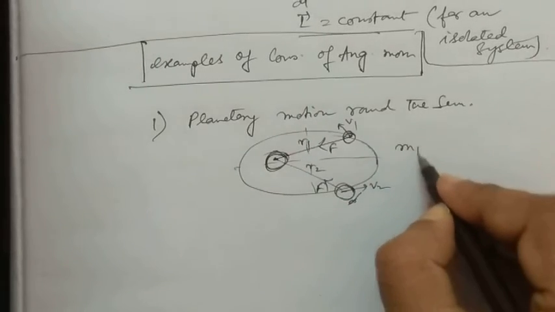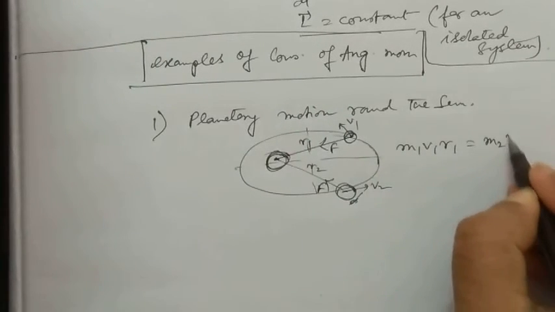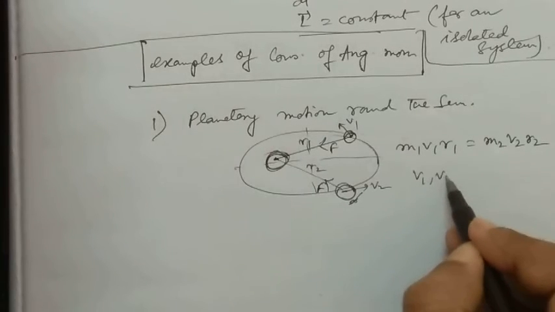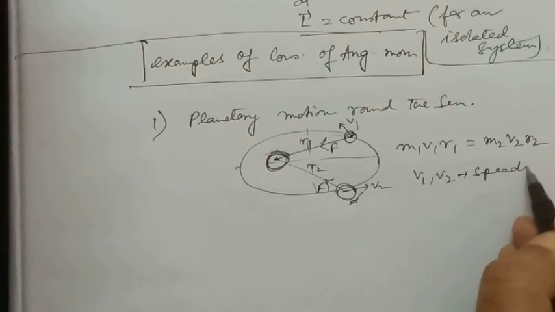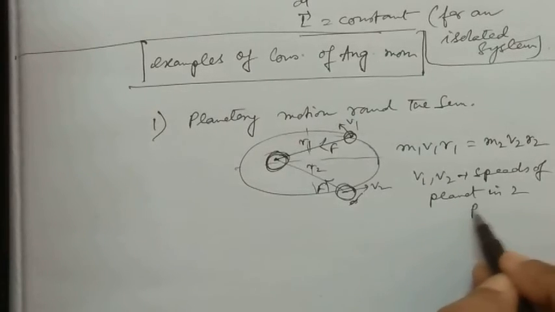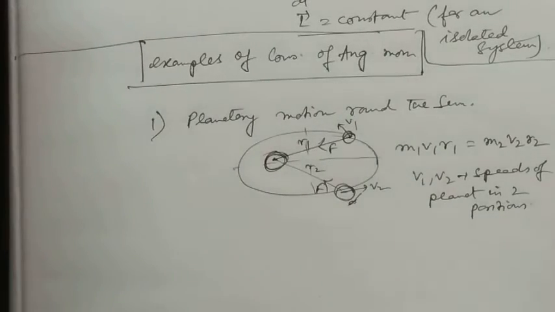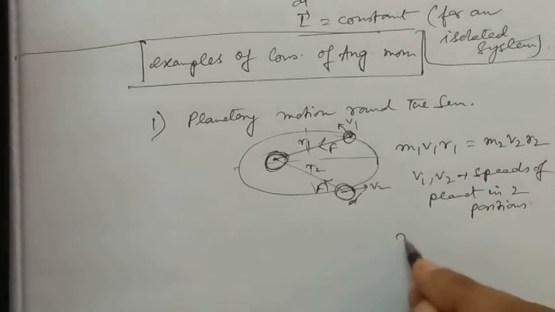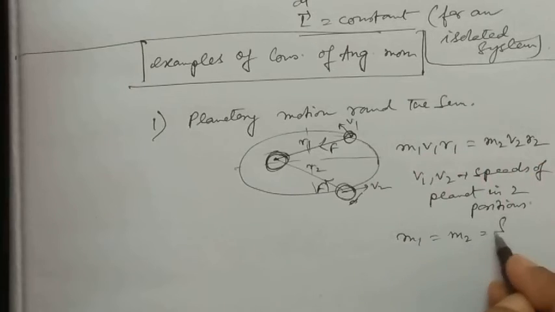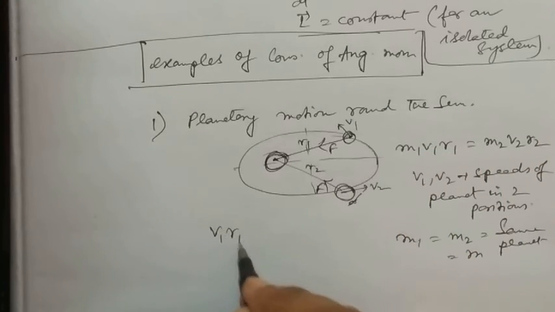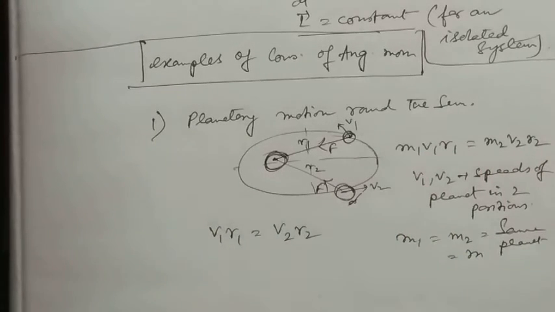In this case m1 v1 r1 must equal m2 v2 r2, where v1 and v2 are the speeds of the planet in two positions. Here m1 equals m2 because it is the same planet, m. So v1 r1 is equal to v2 r2.